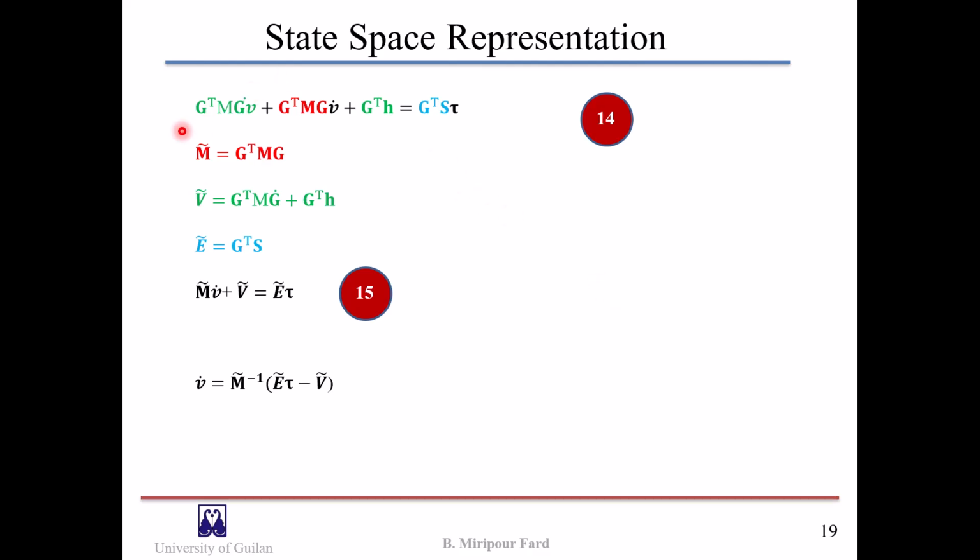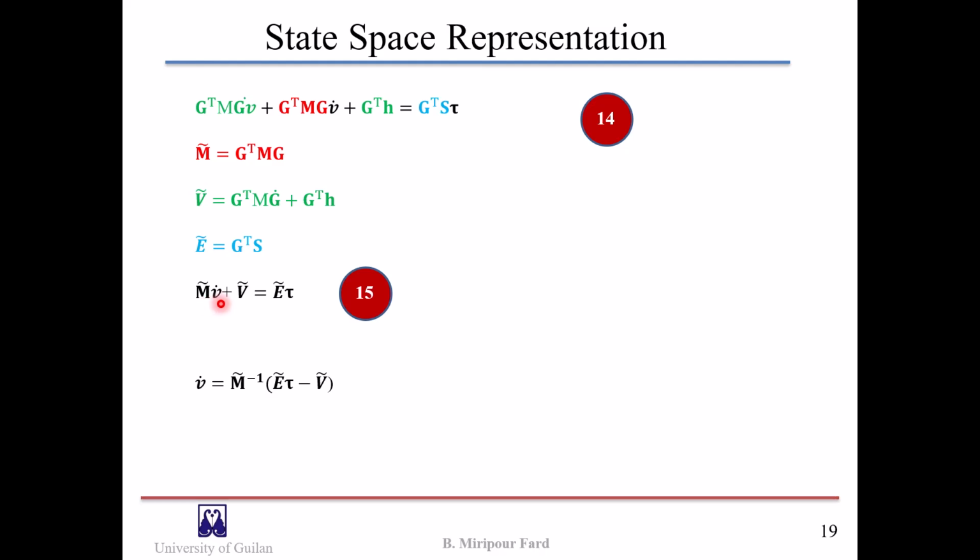Introducing M tilde equals G transpose M G and V tilde equals G transpose M G dot plus G transpose H, and also E tilde equals G transpose S, it gives a more transparent notation.